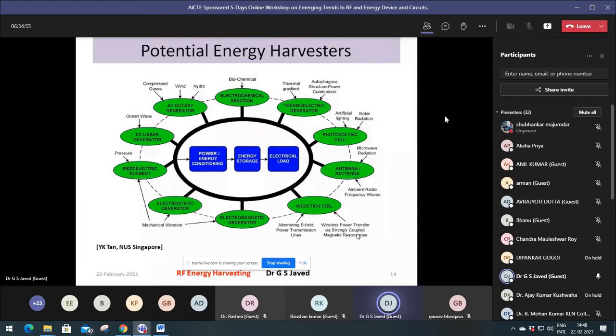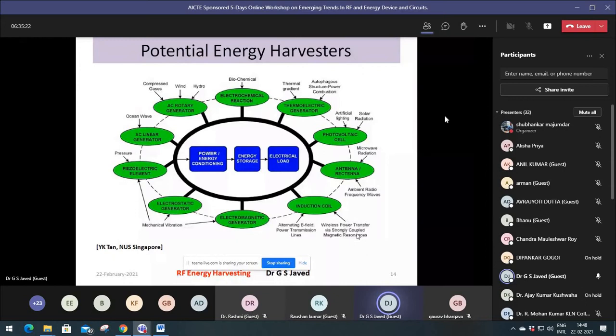Induction coil uses the alternating magnetic field that you get from the power transmission lines. And you're also looking at wireless power transfer, where you're looking at strongly coupled magnetic resonances. So induction coils are also right now great wireless power transfer mechanisms. We are able to see that on phones. We are able to see that on electric vehicles. So we are looking at an abundant source of energy.